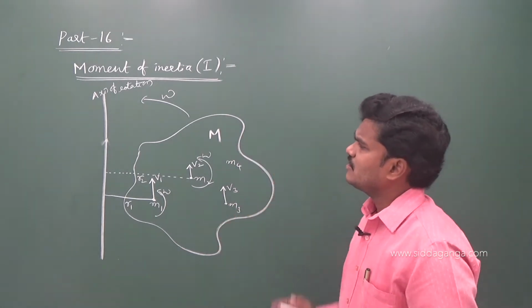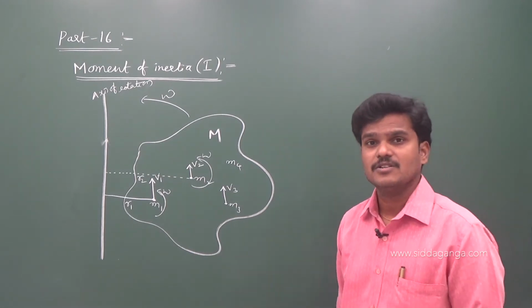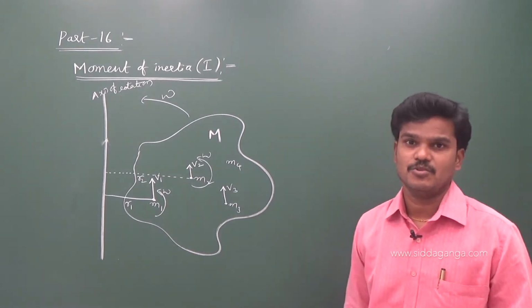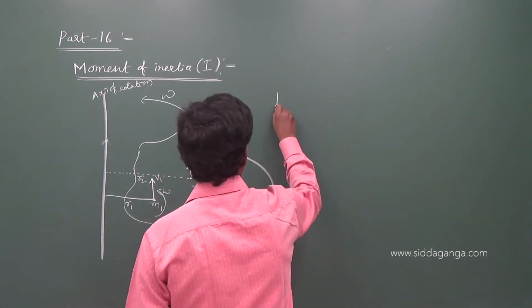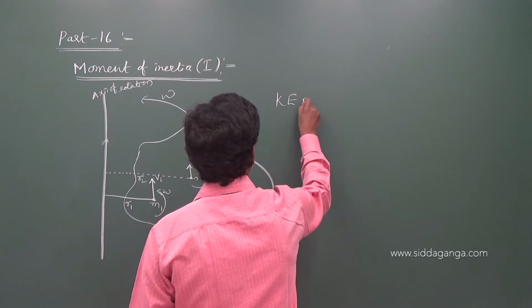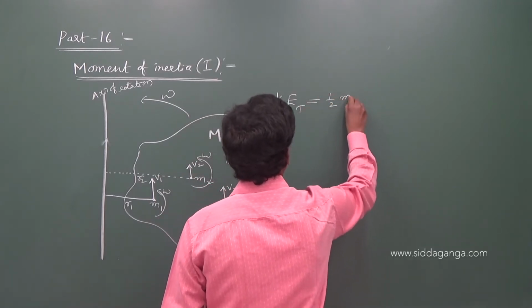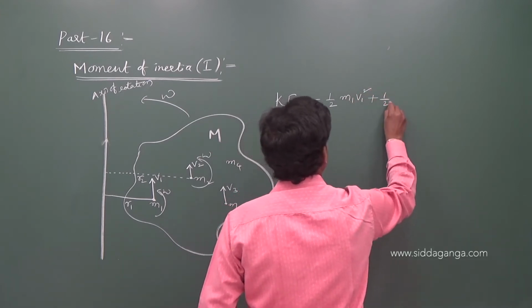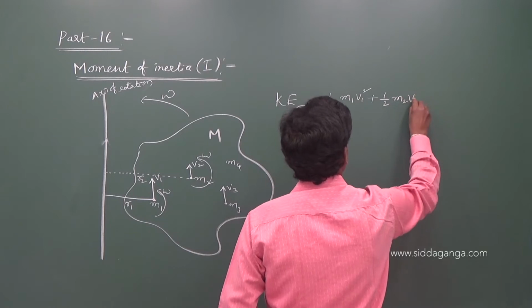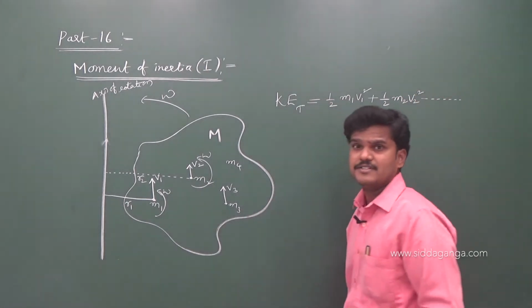So we can write the total kinetic energy of this rigid body, or a plane lamina, as half m1 v1 square plus half m2 v2 square, and so on, up to half mn vn square.